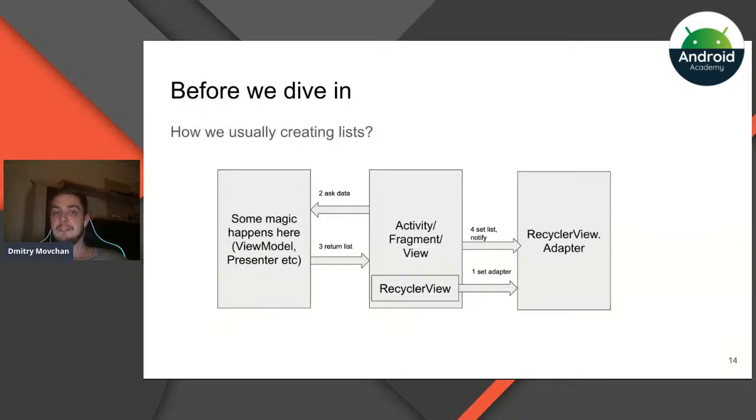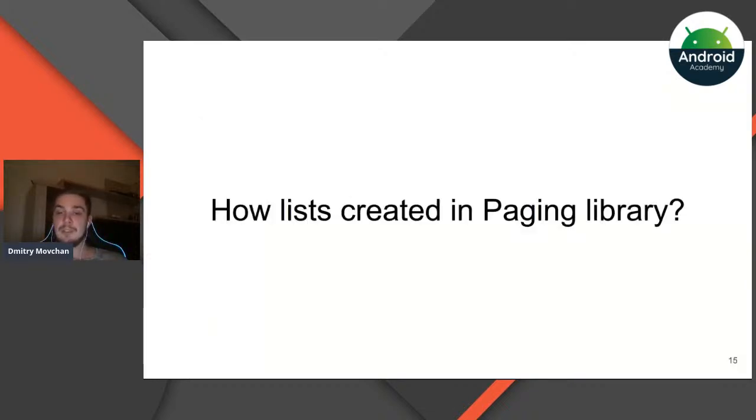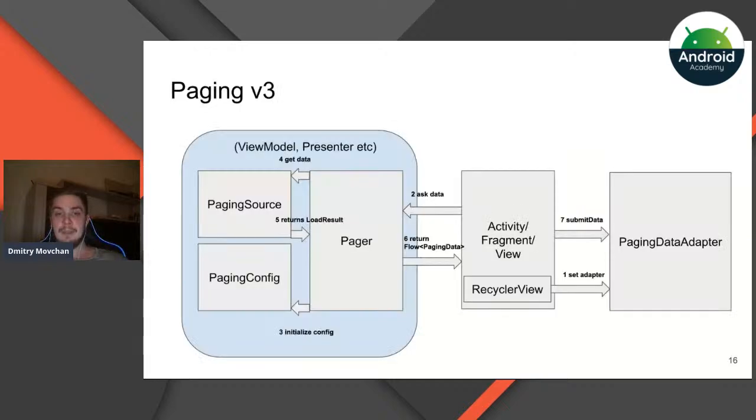So what's different when we try to use the paging library? This is how it will work. We still have some activity, fragment, or view that contains a recycler view, and we should set to it an adapter called PagingDataAdapter. After that, we go to our view model or presenter.